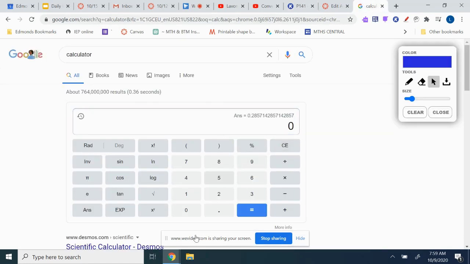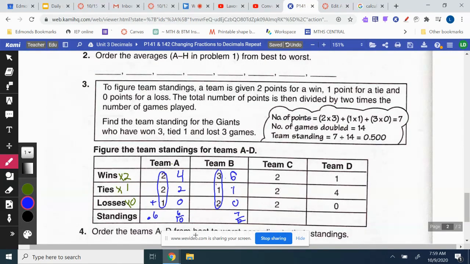I'm going to go 7 divided by 12, and I'm going to get 0.583 repeating. So let's go back to our Cami page. And our answer is 0.583 repeating. So try that out for C and D.